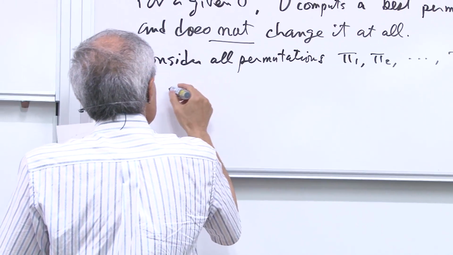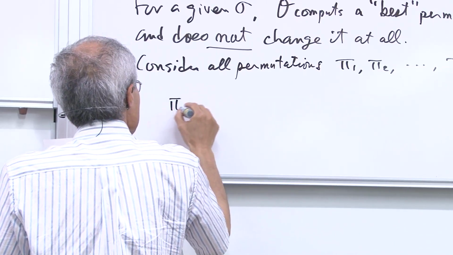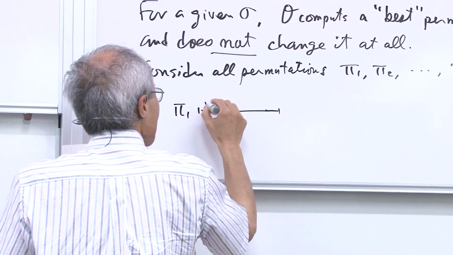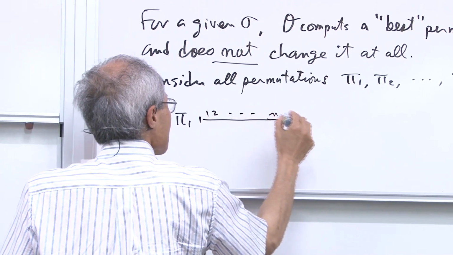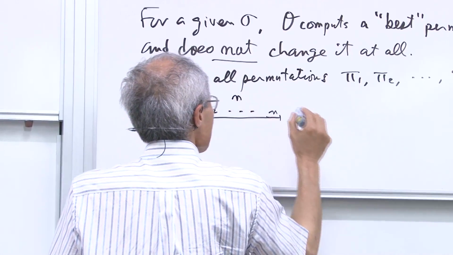Now we have pi 1, which is just 1, 2 through n.